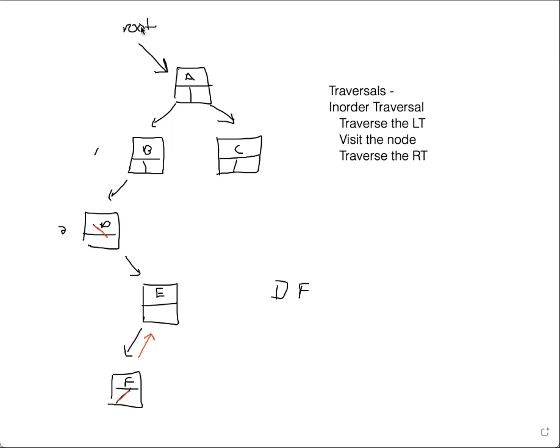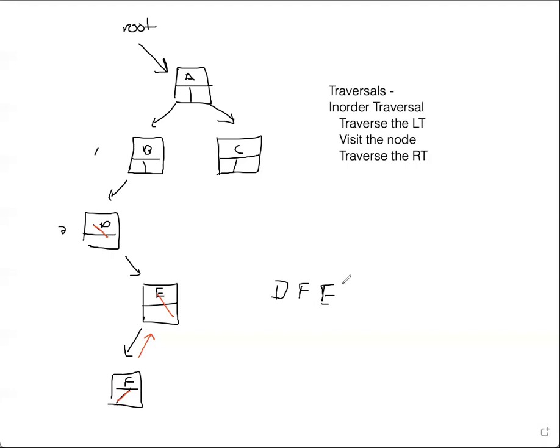E is next. Now that's visited. Now we try to traverse the right, no right. So we're done. We go back to the D node. We've already done the left. We've already visited the node. We've already done the right. So now we're done here. Now we're back to B. At B, we traversed the left, but that's all we were able to do.